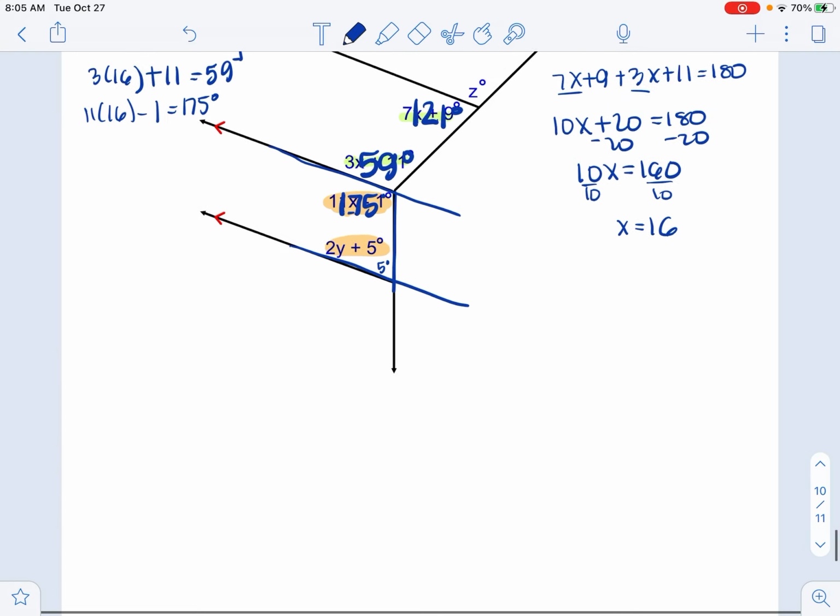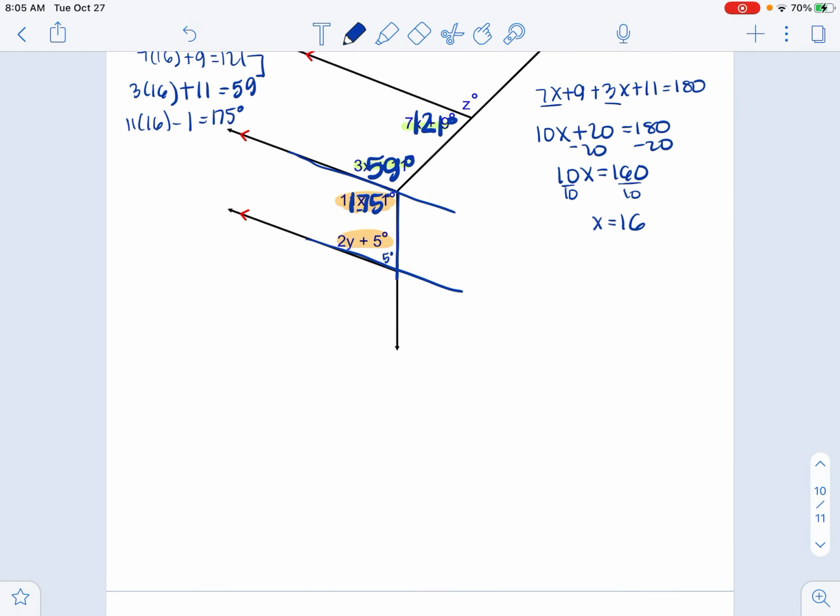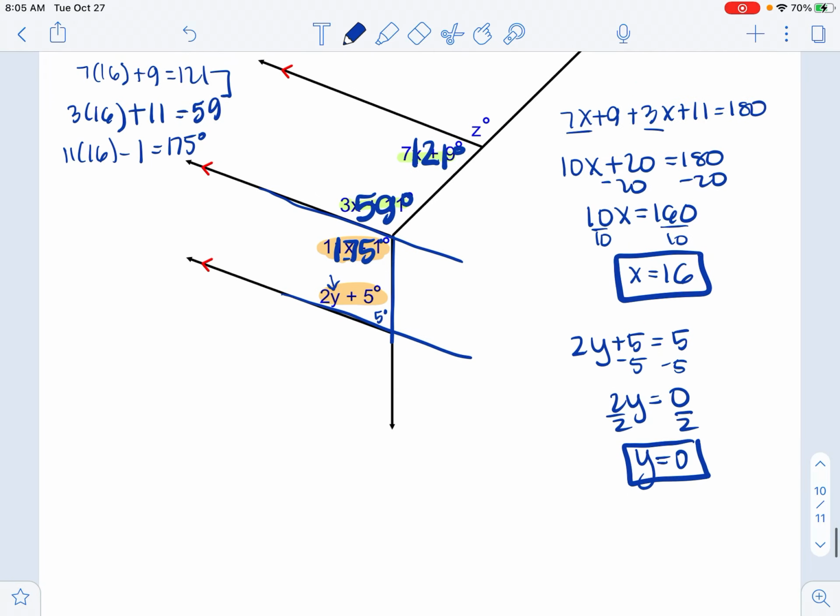Okay, I need to solve for y still though. So I'm going to do 2y plus 5 is equal to 5. Subtract 5 from both sides. 2y is equal to 0, and then divide by 2. 0 divided by 2 is 0, so y is 0. And if you check, if you plug 0 back in here, you do get 5.